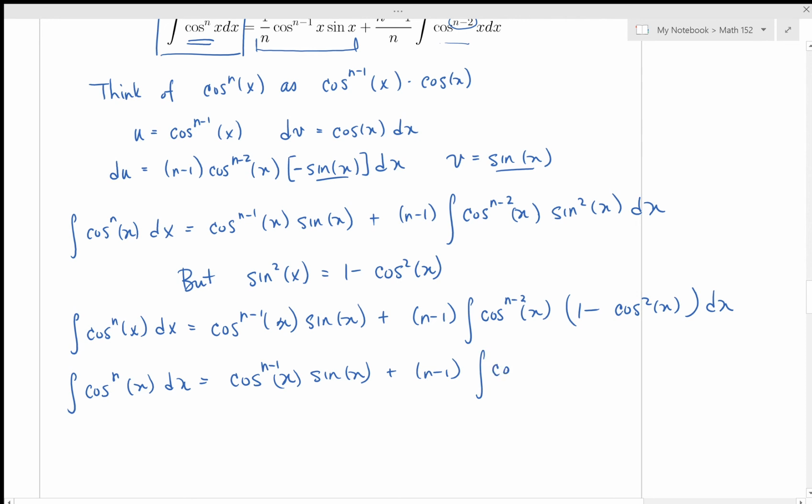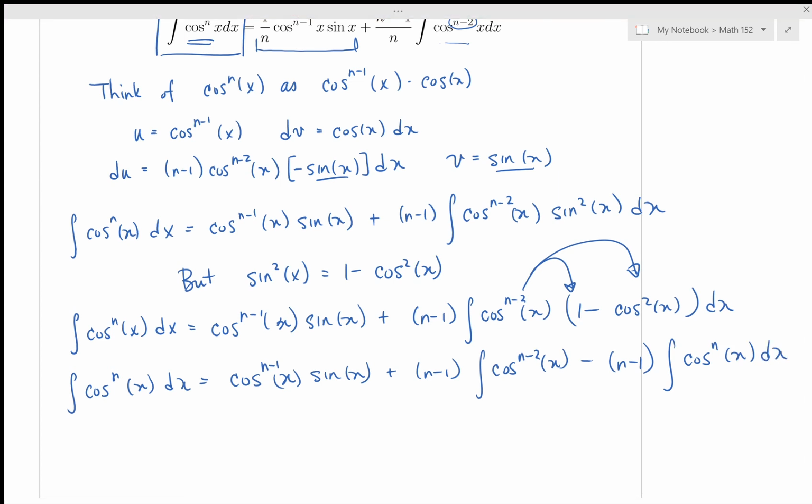So this will be cos^(n-2) x, multiplying the cosine by the 1, and then multiplying the cosine by the cos^2 x. That's going to give me cos to the nth power. I'm in a similar situation to the one I had earlier, in that I've got this piece here to be the same as this piece here. So I can shuffle those things over and add them together.